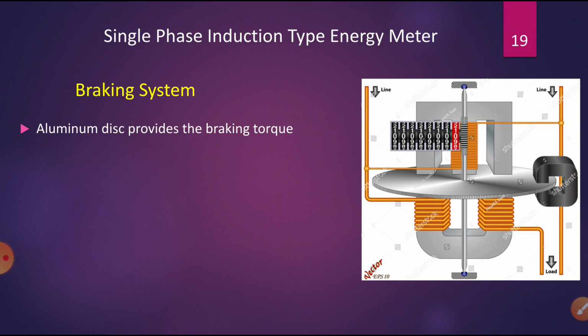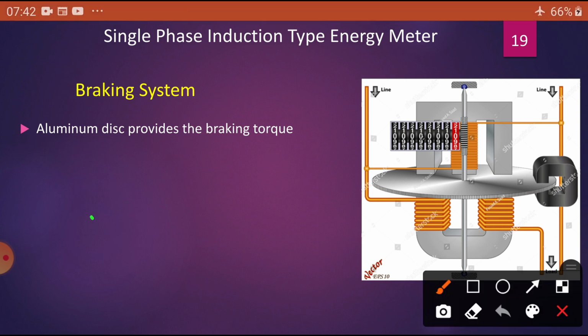Here you can observe one thing, dear students. What is that? Suppose, for example, here is an aluminum disc. Okay, this is the aluminum disc. I placed the magnet here. What will happen? Sorry, you can see another. Okay, what will happen? The disc is, for example, this is the disc.